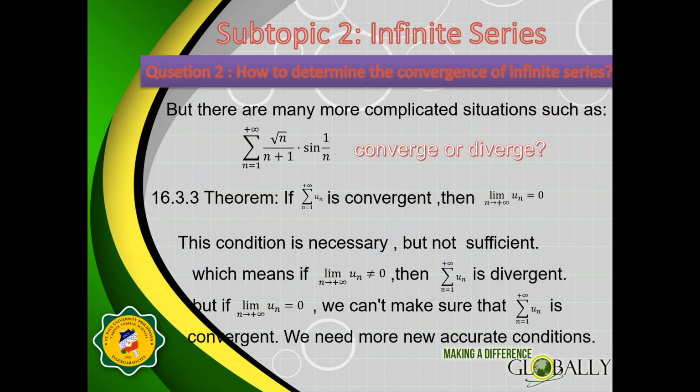But if the terms have a limit of 0, we still can't be sure that the infinite series is convergent, because the condition is not sufficient. So we need more accurate conditions to help us determine whether the infinite series is convergent or divergent.